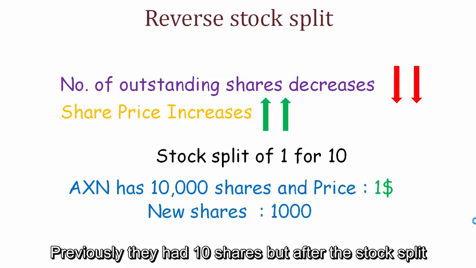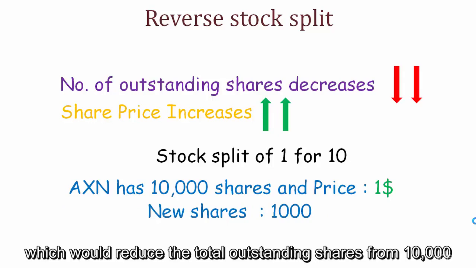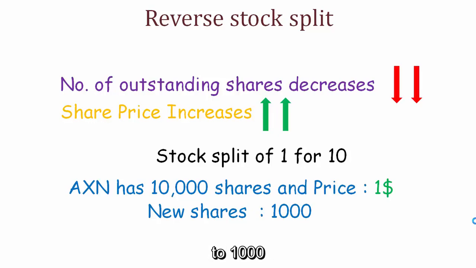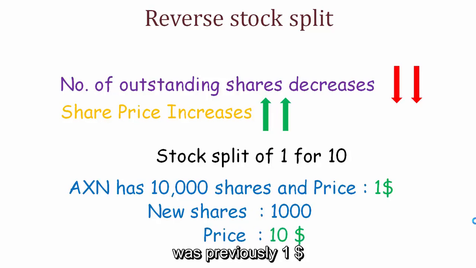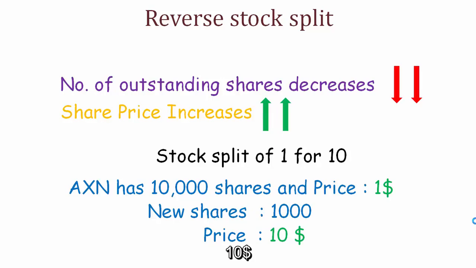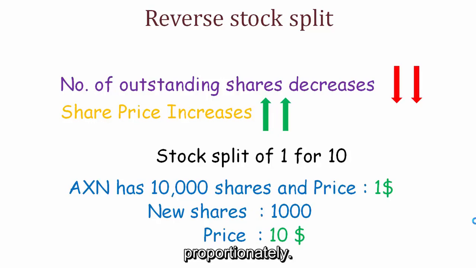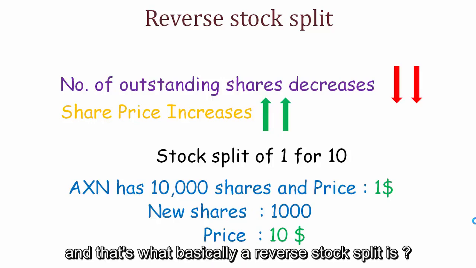Previously they had 10 shares, but after the stock split they will have 1 share, which would reduce the total outstanding shares from 10,000 to 1,000. And the price was previously $1, but now after the stock split, it would rise to $10. As the shares have been reduced, the price has been increased proportionately. And that's basically what a reverse stock split is.